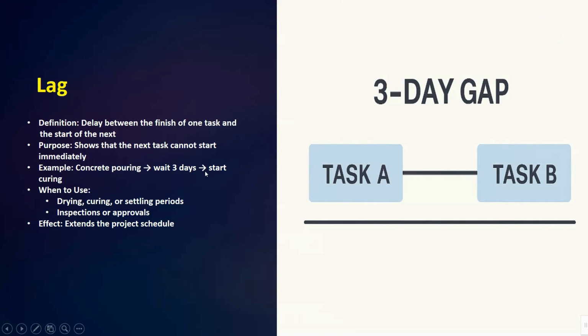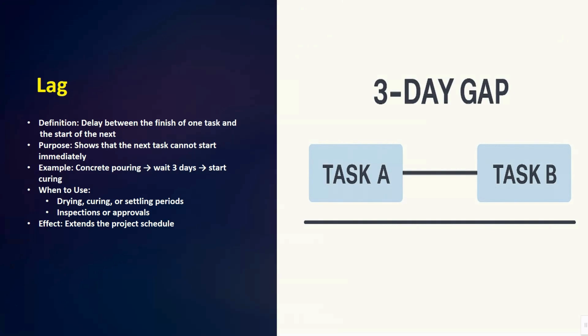In project scheduling, lag refers to the waiting time between the finish of one activity and the start of the next activity. Its main purpose is to indicate that the succeeding task cannot begin immediately and requires a delay. For example, after pouring concrete, there is usually a waiting period of about 3 days before curing can begin.